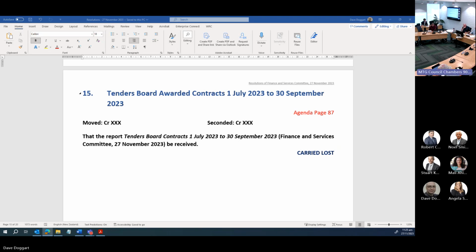So if I answer the last part of that question first, yes, all of our contracts have termination or exit provisions within them. That has a notice period associated with it, but there is absolutely the ability for council to terminate those contracts should that be required.